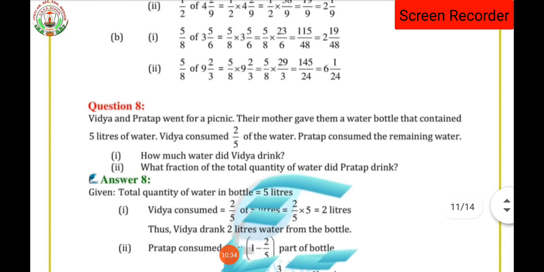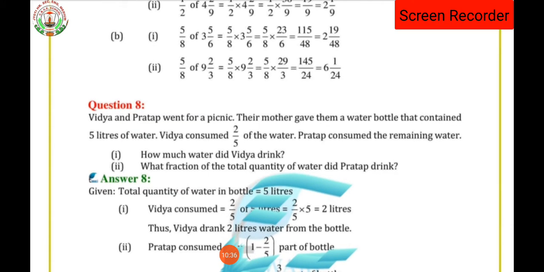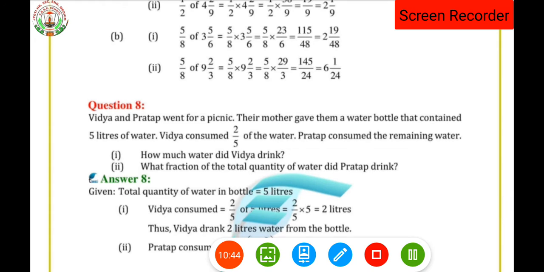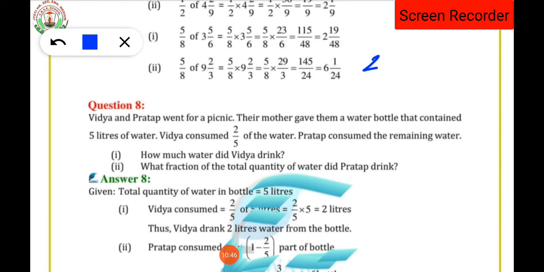So dear student, here what we are going to do, total quantity of the water in the bottle is how much? 5 liter. So Vidya consumed 2/5 of the bottle, isn't it? So 2/5 into 5, how much will it become? 5 will get cancelled, so it will become 2 liter.